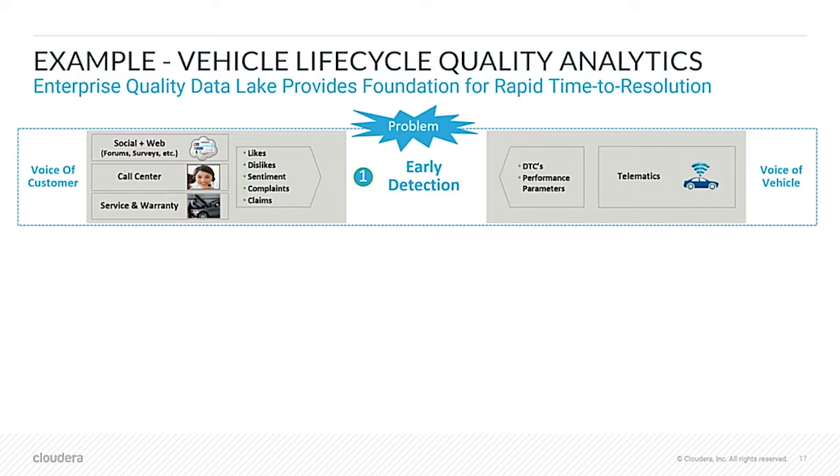So the first thing I want to be able to do is what we call early detection analytics. And you have to look at the voice of the customer, which you see on the left, and you have to be able to scrape. These are text analytics use cases. I want to be able to go to social media and see what people are saying, for example, for 2010 Toyota Corolla, brake noise.